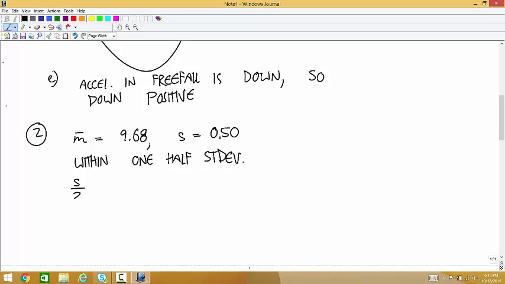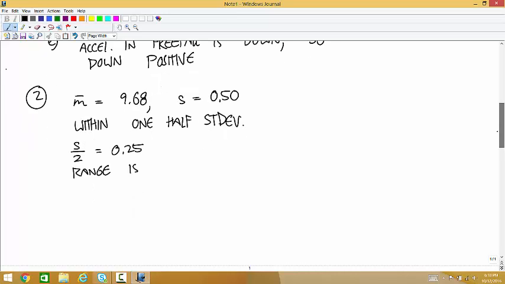Half a standard deviation, S over 2, is 0.25. And so the range of values is all the values between 9.43 and 9.93. And so you figure out what percentage of your values fall in that range.